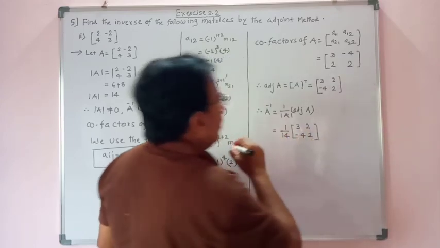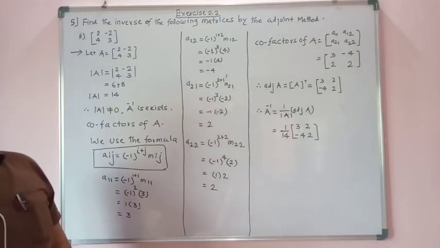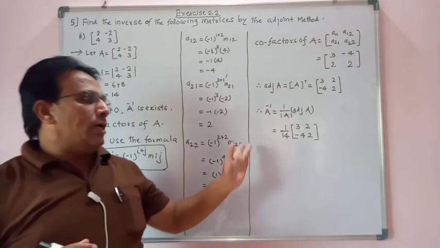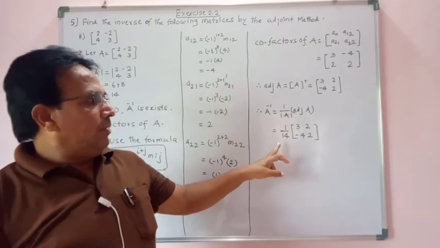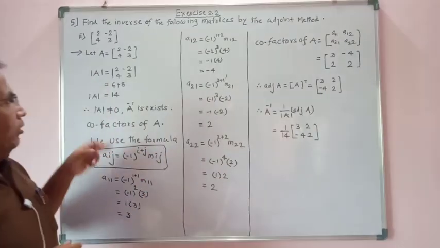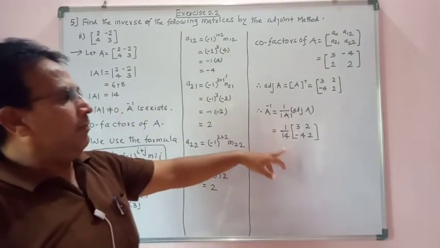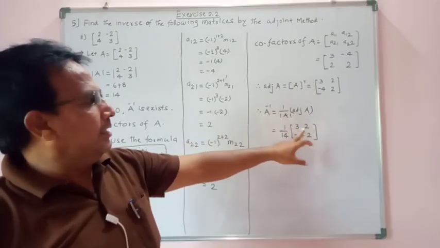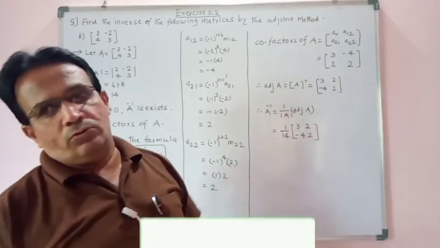Therefore, A inverse equals 1 by 14 into [3, 2; -4, 2].